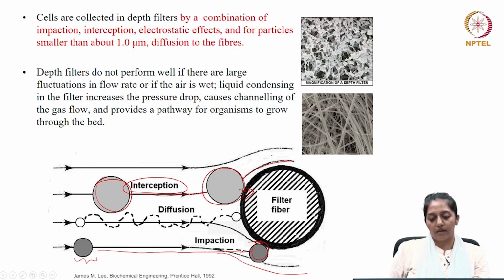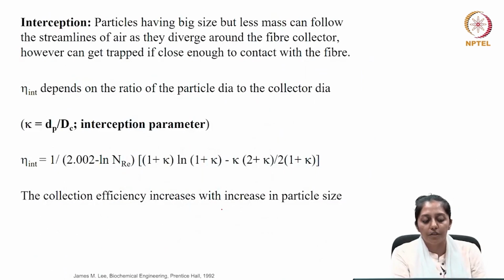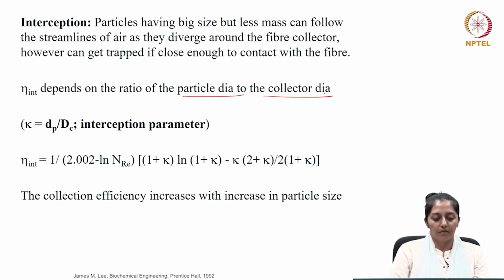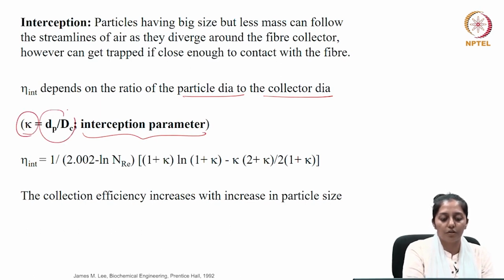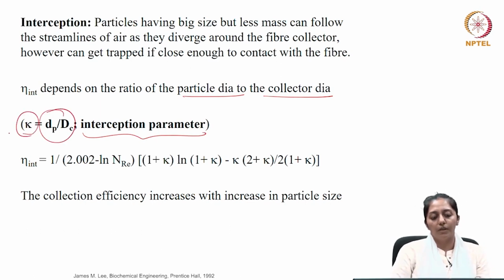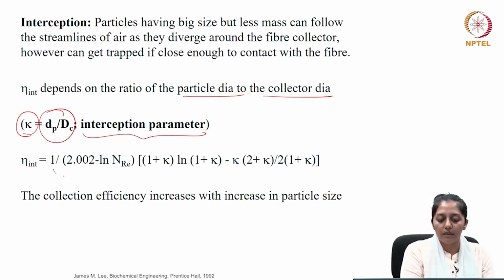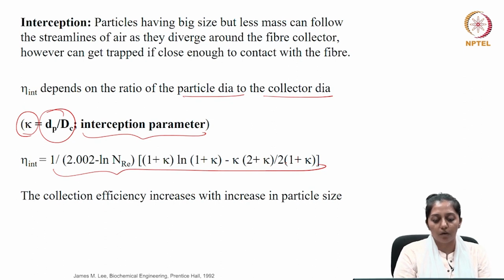So, it is being carried by the streamline of air, and because of its size, it may interact with the fiber and get stuck. So, the efficiency of interception would depend on the ratio of the particle diameter to the collector diameter, the fiber diameter. The interception parameter has been defined here as the ratio of the diameter of the particle to the diameter of the collector, and in turn it can be a function of the Reynolds number and the interception parameter.